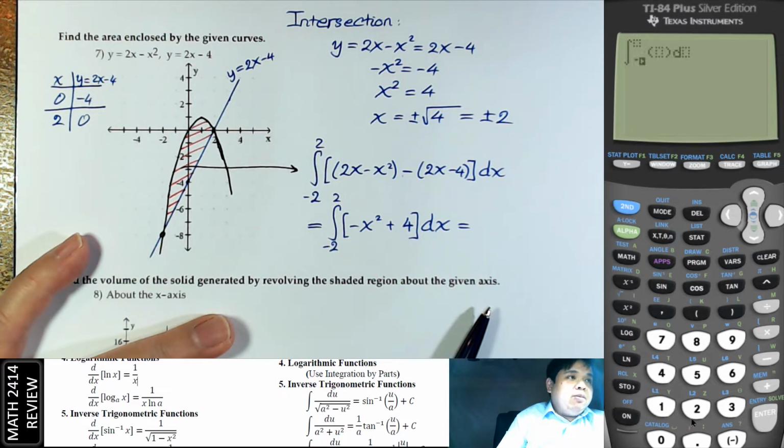And now we just evaluate from negative 2 to 2 of negative x squared plus 4, and we can change the fraction. That's 32 over 3.